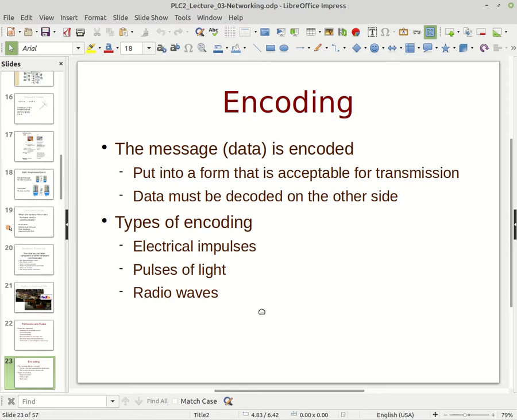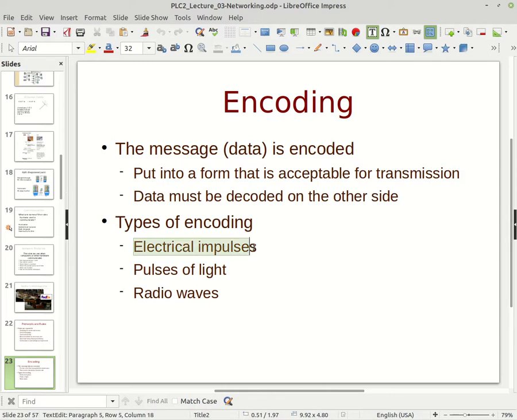When we talk specifically about sending data on a computer network, there's actually several layers of encoding, which we'll get to in a minute. So when we get down to the hardware level, we're sending pulses.